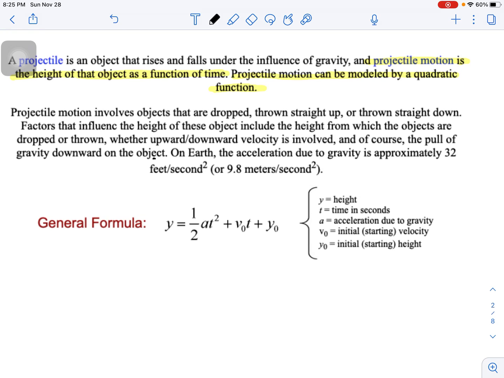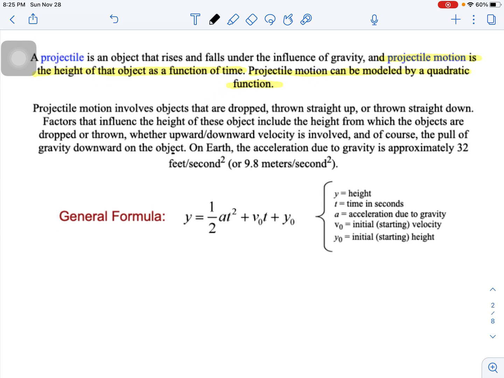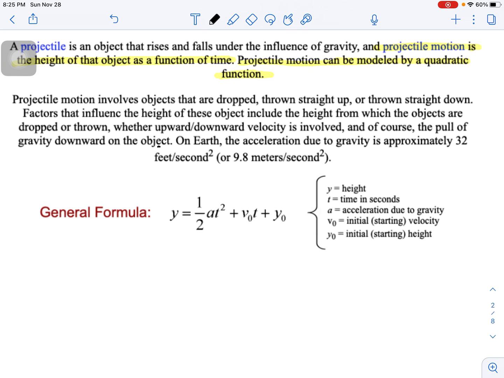Here's the general formula for a projectile motion problem, identifying over on the right what each variable in the equation represents. Also, you will see the equation like this: h equals 1/2 a t squared plus v sub 0 t plus h sub 0.